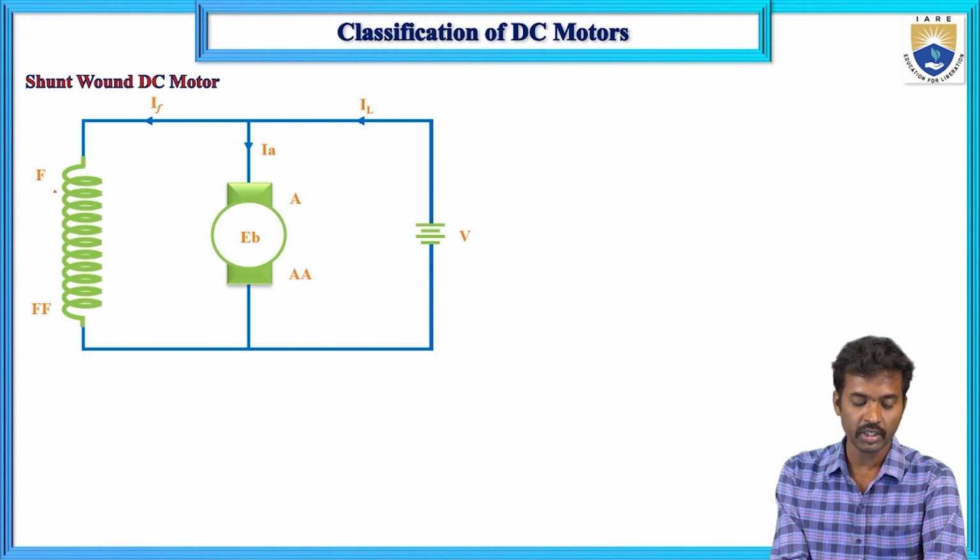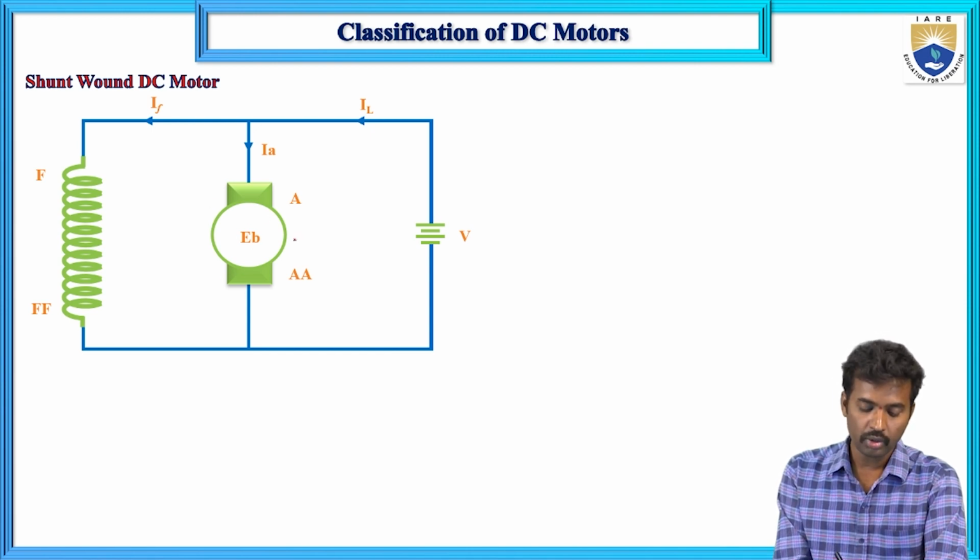This stationary magnetic field is an electromagnet, excited by self-excitation, and a mechanical force is developed in the armature towards a particular direction.